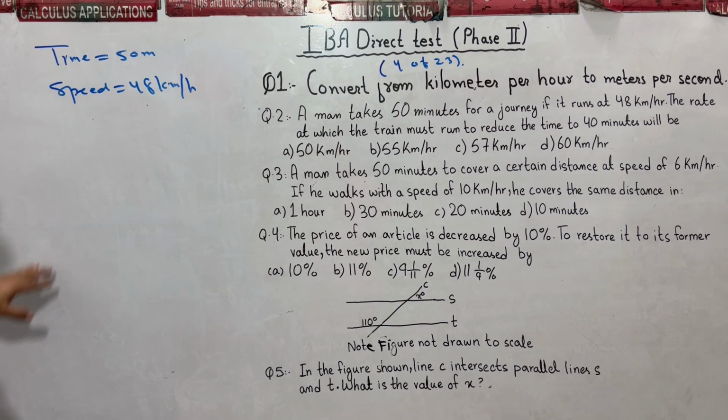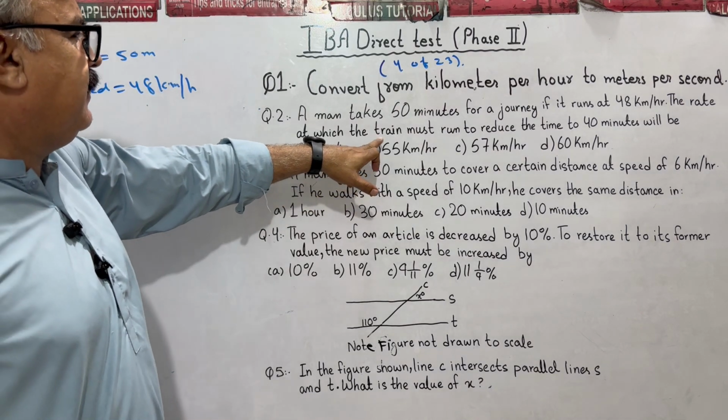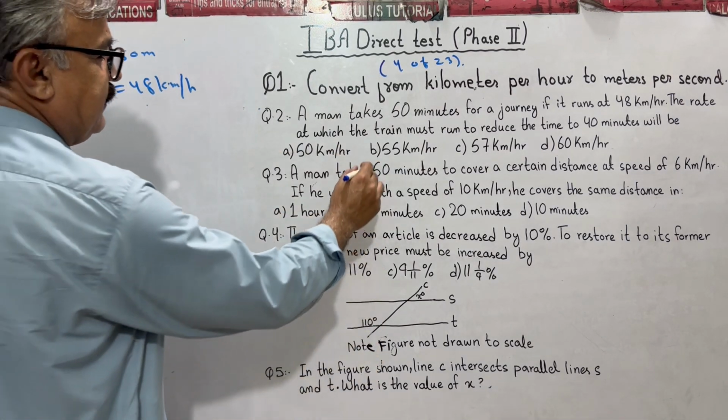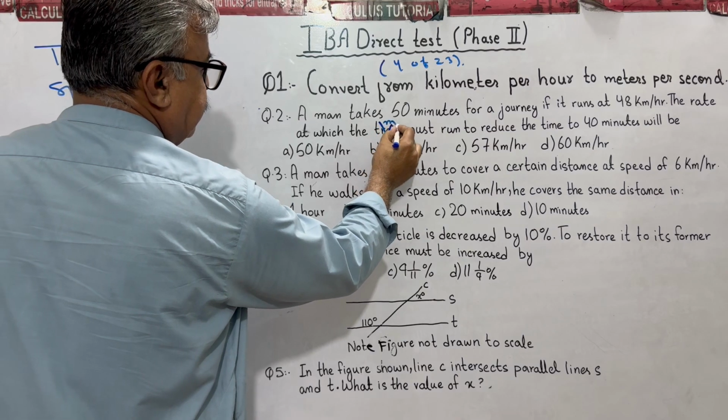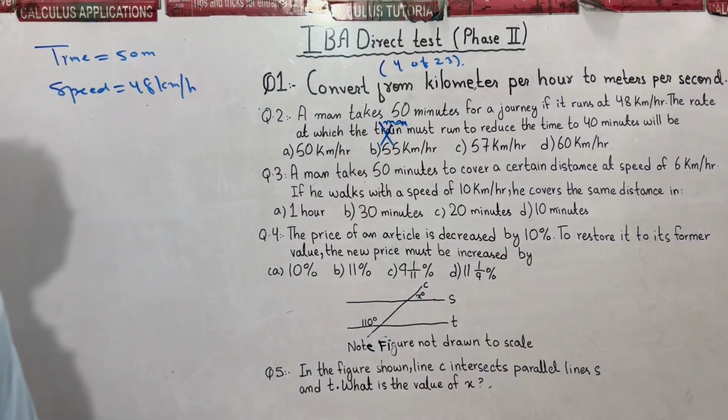Find the rate at which the man must run to reduce the time to 40 minutes. Anyhow, I'm not here to deliver something on English.